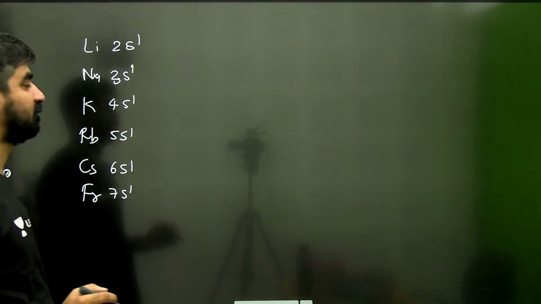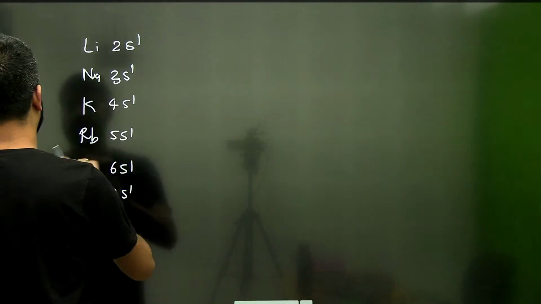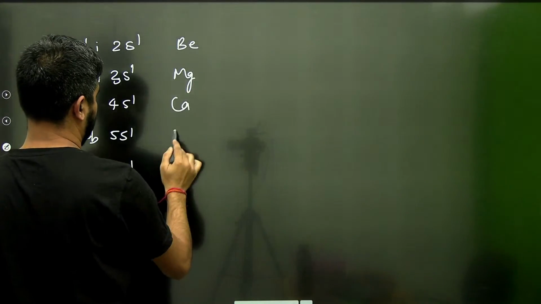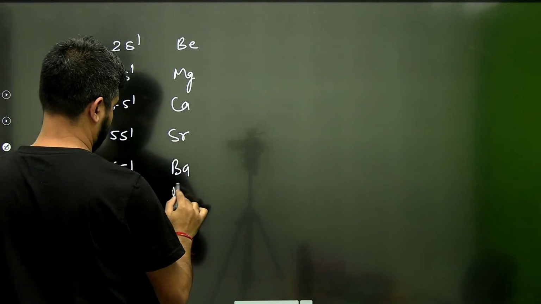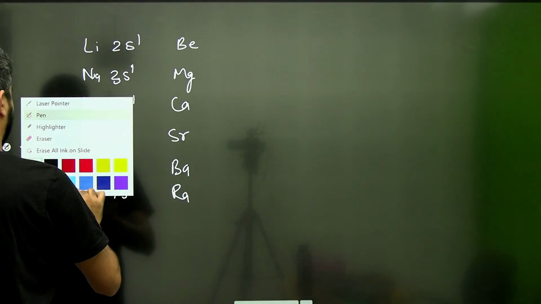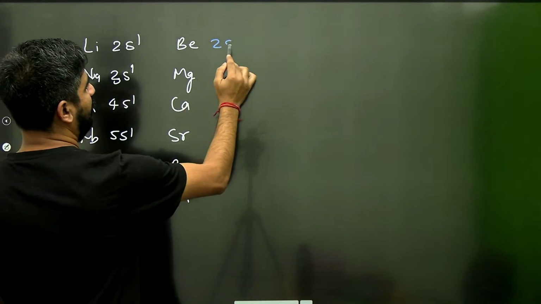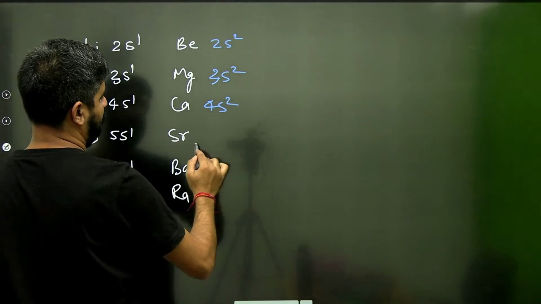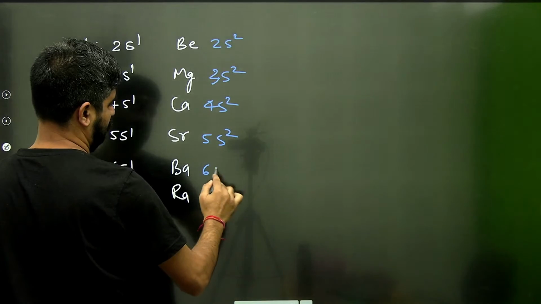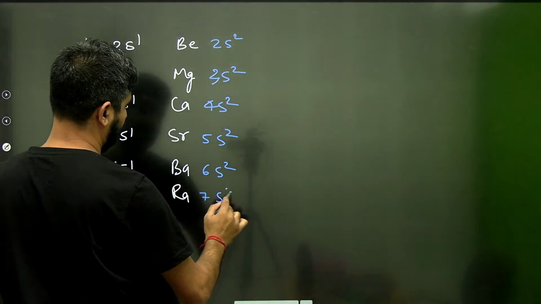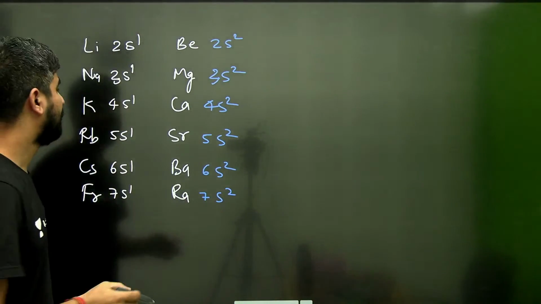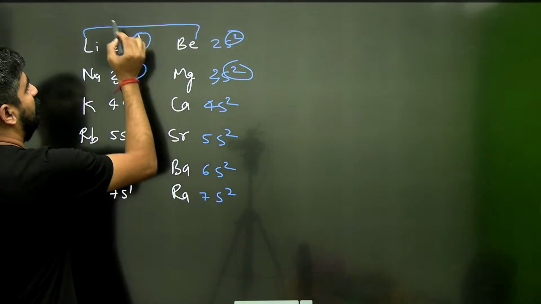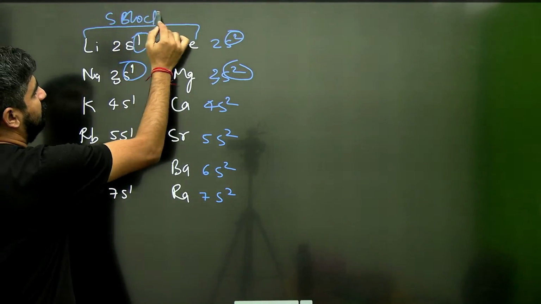Got it? Now we have... We got it? So guys, now you will write 2s2, 3s2, 4s2. So what I want to tell you here is that if the last electron is entering into the s orbital, then I will call them s block elements, right?